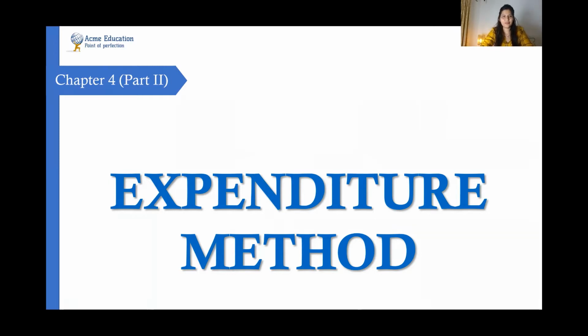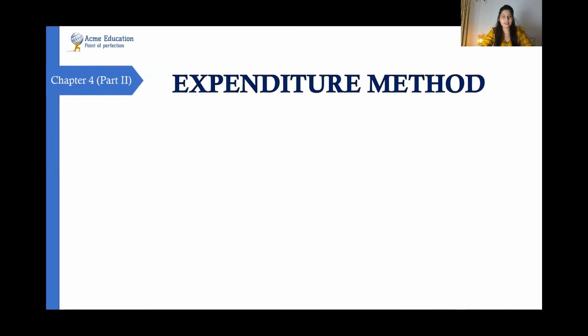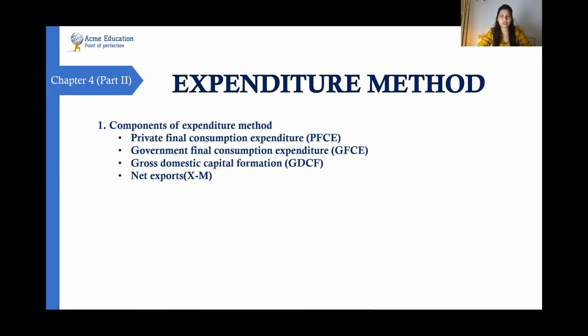So let's start with the expenditure method. The first thing that you have to know is the components of the expenditure method. The components in the expenditure method are divided into four. As you see on the screen, there is private final consumption expenditure, which is called PFCE.